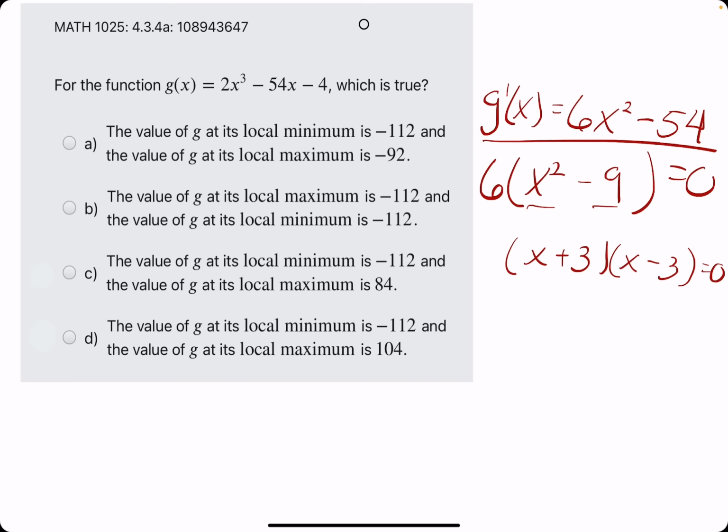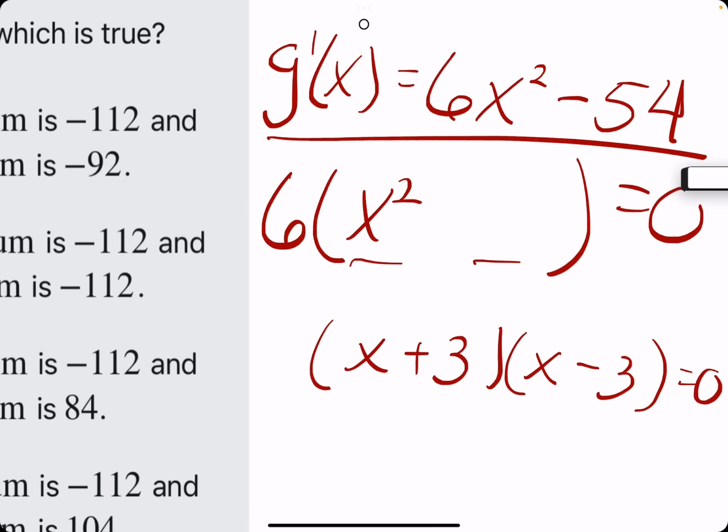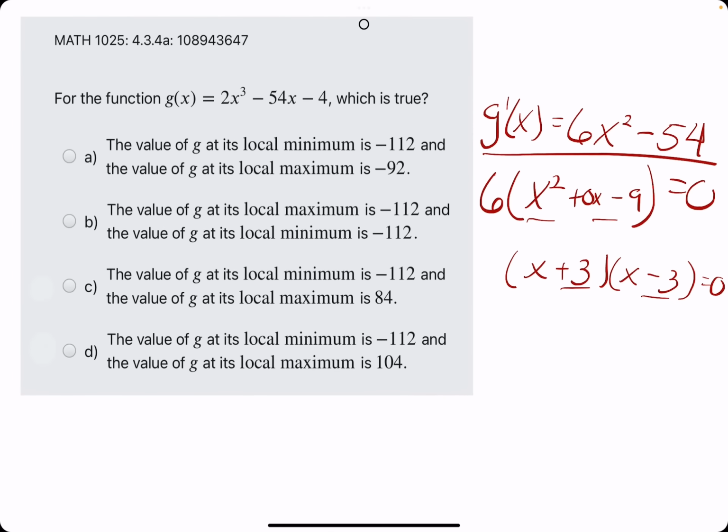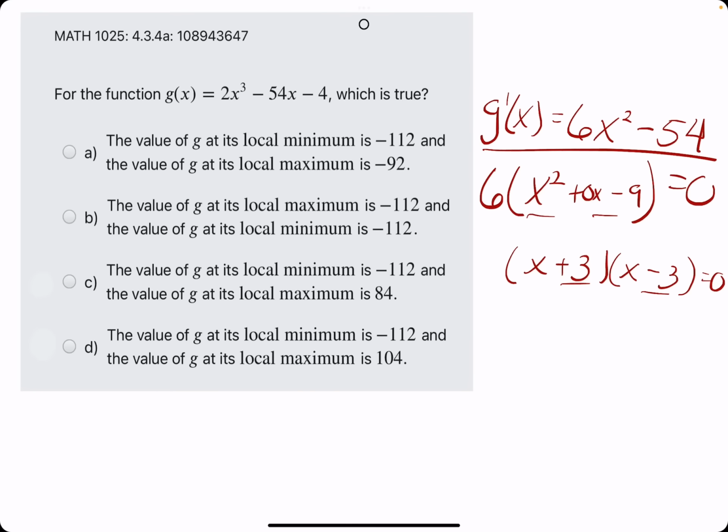So x plus 3, x minus 3, since 3 is the square root of 9. Another way to think about it is we need two numbers that multiply to negative 9 but add to 0. So x plus 3, x minus 3. Each factor gives us negative 3 and positive 3, respectively.